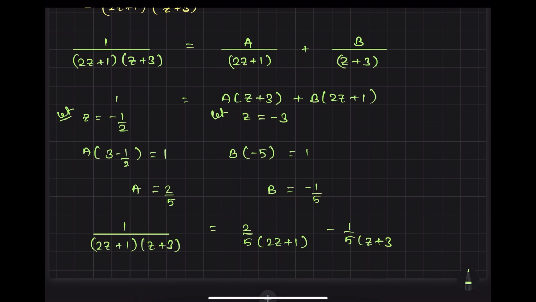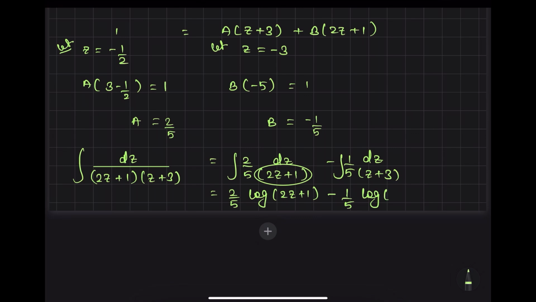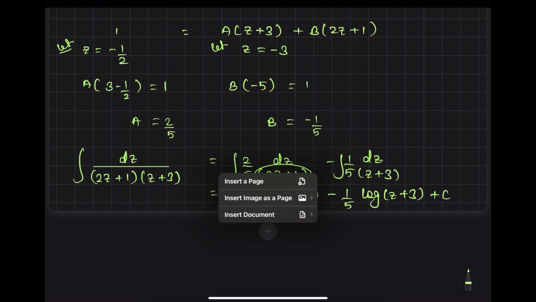Now we have to integrate with respect to dz. So dz everywhere, take the integration sign. Now integrate this part. So 2 by 5 is a constant, and this thing will behave as z. Its integration will become log of 2z plus 1, minus 1 by 5 log of z plus 3, plus the integration constant c.